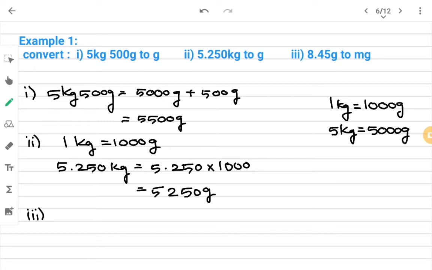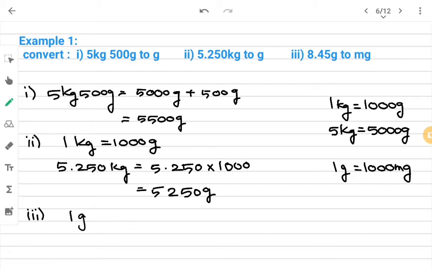Now the third substitution. What is the third substitution? 8.45 gram to milligram. So you are going to convert gram to milligram. So 1 gram is equal to 1000 milligram, right? Here they have given 8.45 gram.